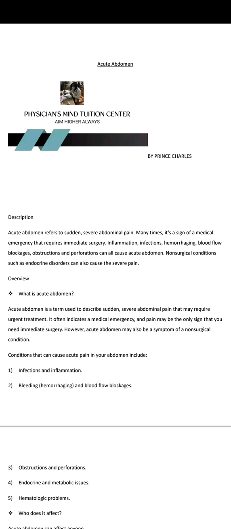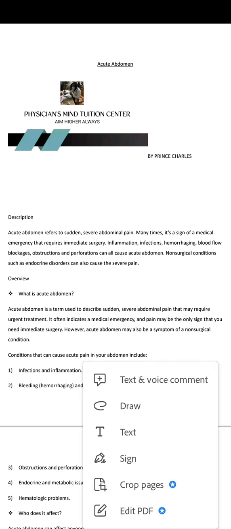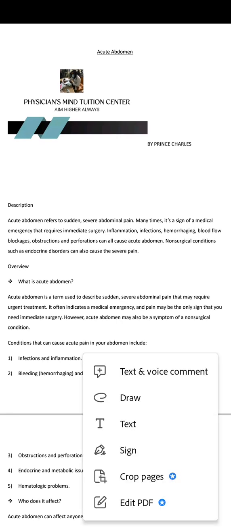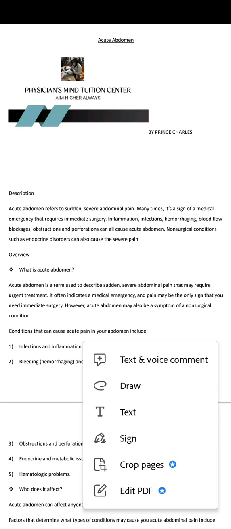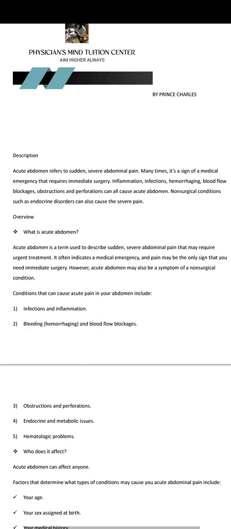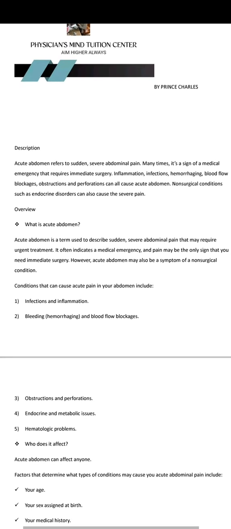So acute abdomen is the term usually used to refer to severe abdominal pain. Any pain in between the thoracic region and the pelvic region is what we are calling acute abdomen. That's the first thing you have to understand. Anything which can cause pain in the abdominal region is what we are calling acute abdomen, and this is a very severe pain.